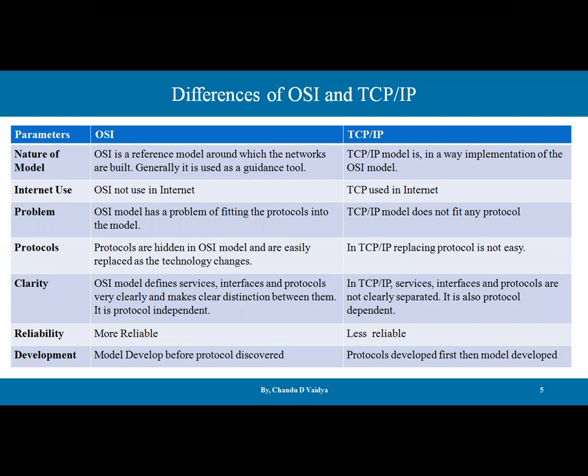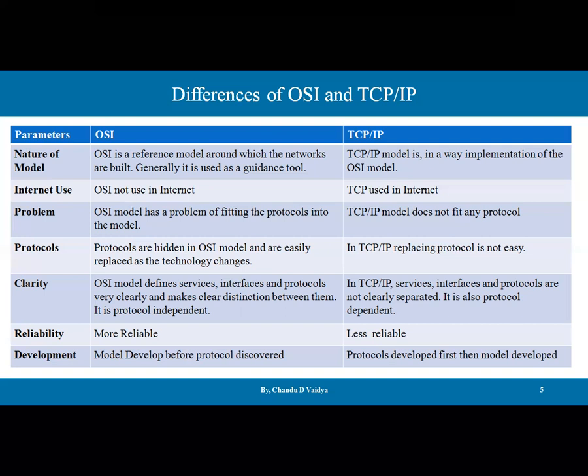Clarity. The OSI model defines services, interfaces, and protocols very clearly and makes a clear distinction between them. It is protocol independent. Whereas in the TCP model, the services, interfaces, and protocols are not clearly separated. It is okay, separated, but not clearly separated. It is also protocol dependent.